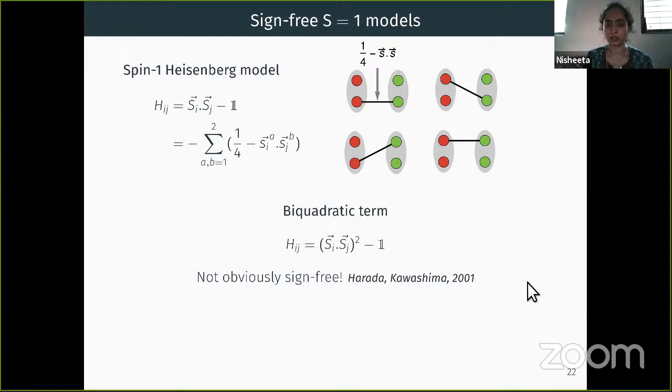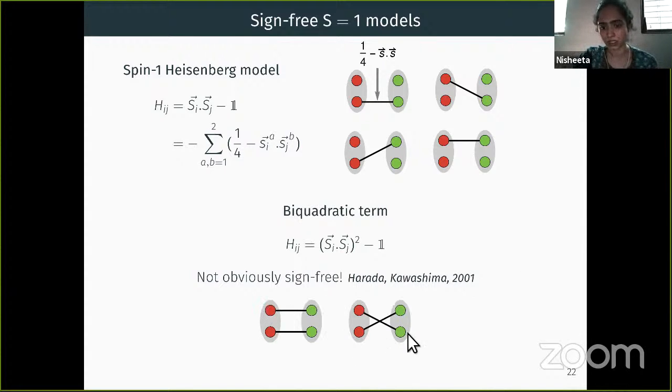A lot of work went into showing that it was. But once you write it in terms of these little spins, it's just a sum of these two terms, and again you can see it's a product of 1/4 minus s dot s on two bonds on the same side, which is obviously sign problem free.